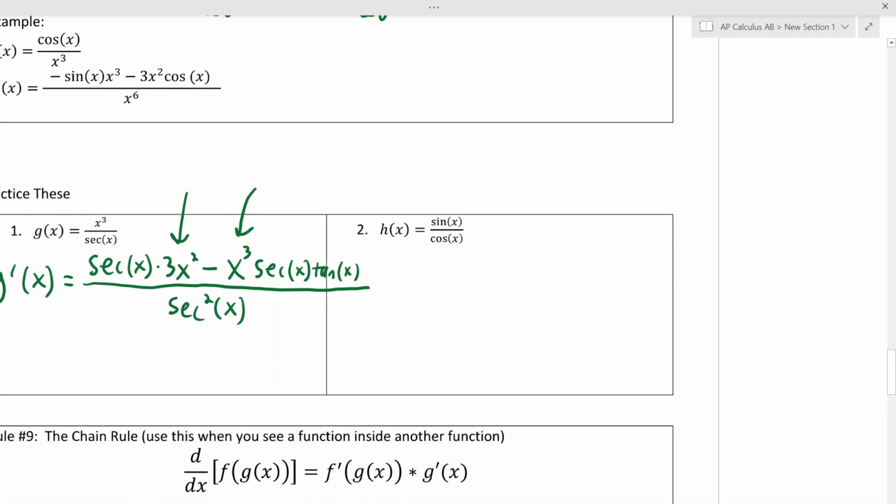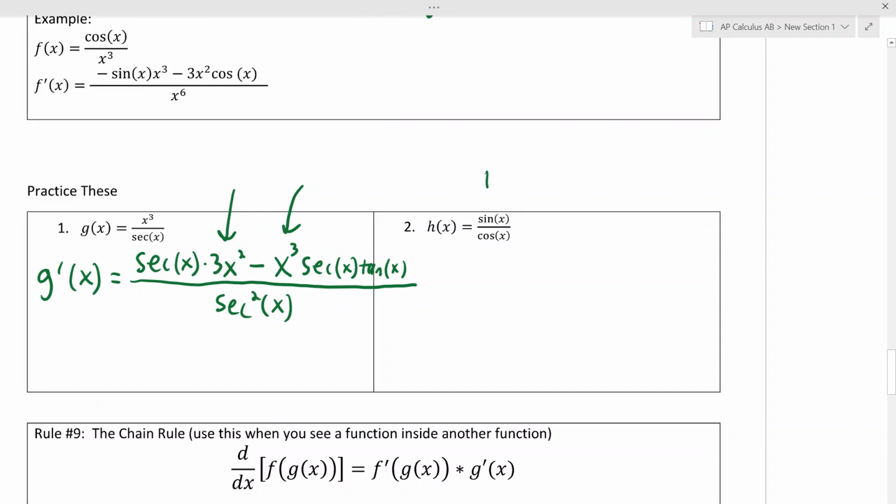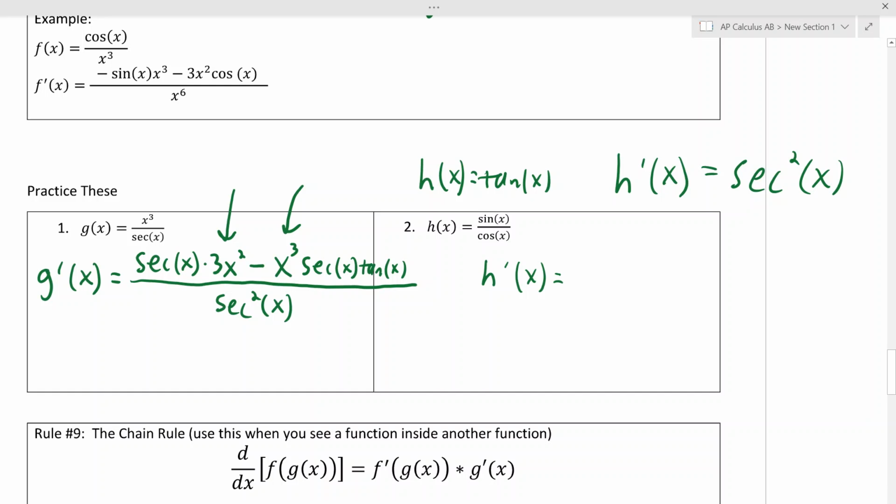Now, the derivative, sine over cosine is tangent. You all know that's tangent, right? Cool. So the derivative of that is going to be, by our rule, secant squared. This is just me showing you why it's secant squared. So h prime of x, if we use the quotient rule, would be: leave the denominator, derive the numerator.